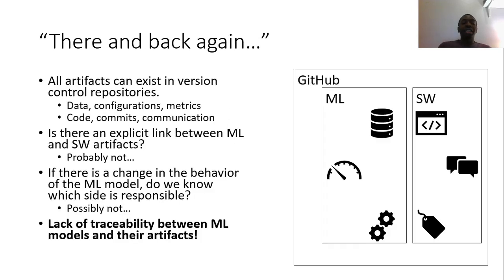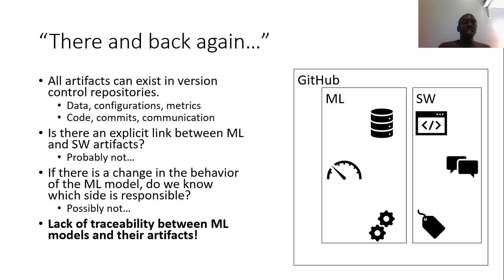What we can see, for example, is that all artifacts of a machine learning project can exist in one version control repository. So these artifacts can affect both parts, either the machine learning part or the software part.